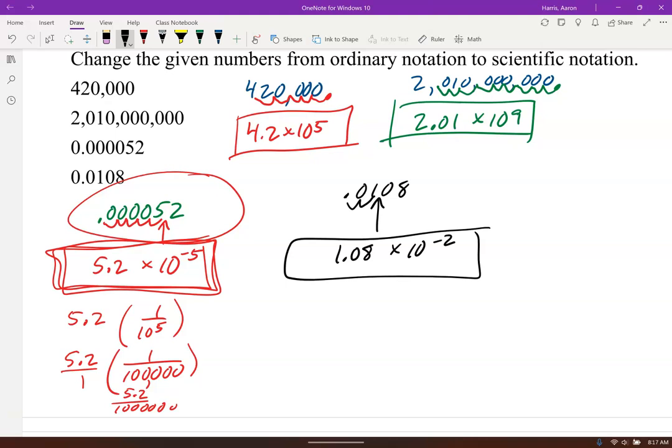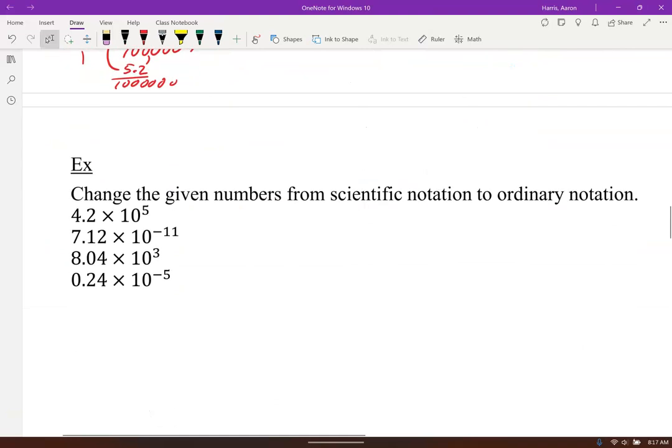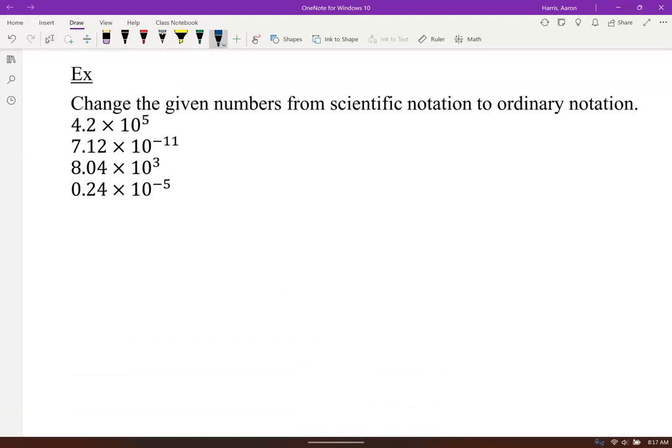Okay. And I actually think it's easier to go this way from scientific to ordinary notation. So let's go ahead and do a few of these. So 4.2 times 10 to the 5th. So that just moves the decimal right 5, right? You got 4.2. One, two, three, four, 5.